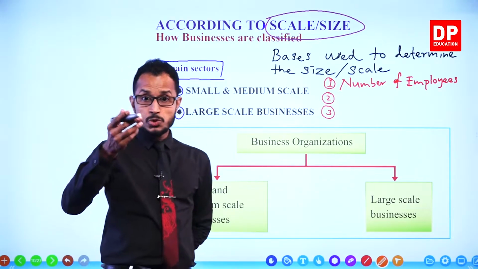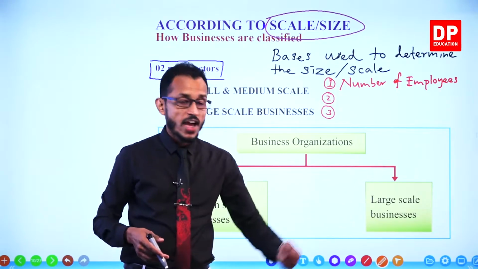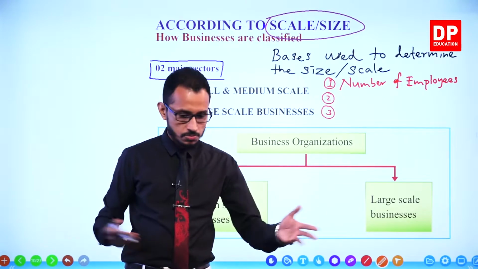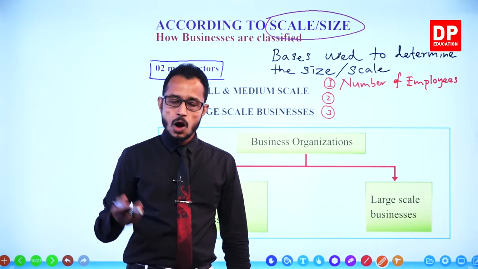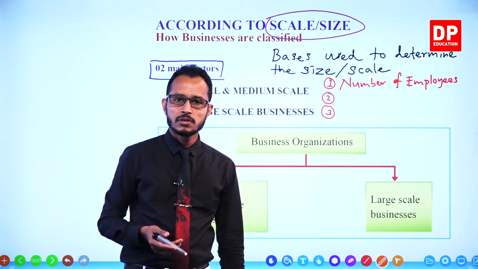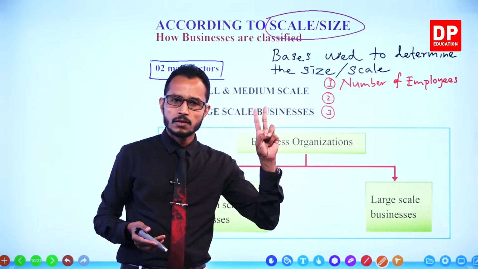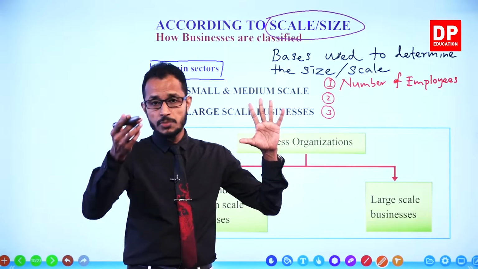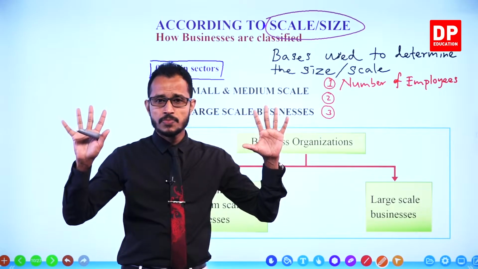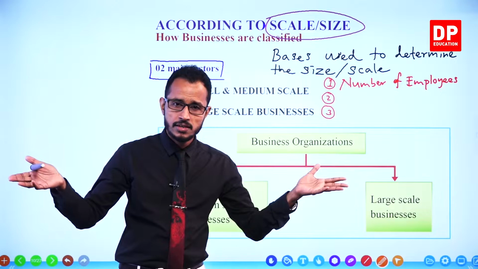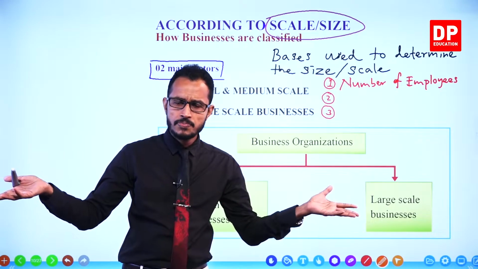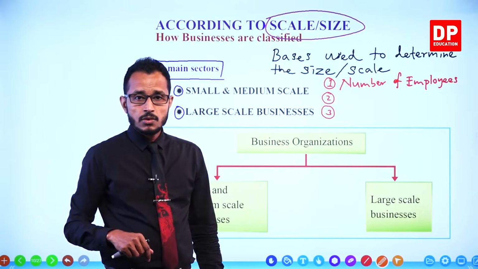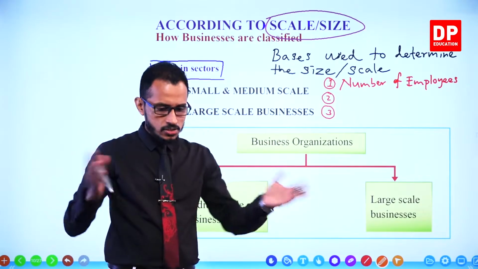So how many employees do you have working in your factory, working in your shop, in your showroom, in your father's business? 2, maybe 5? I don't know. You tell me. 10, 20, 50, 75, 80, 100? How many? All together, the entire staff.